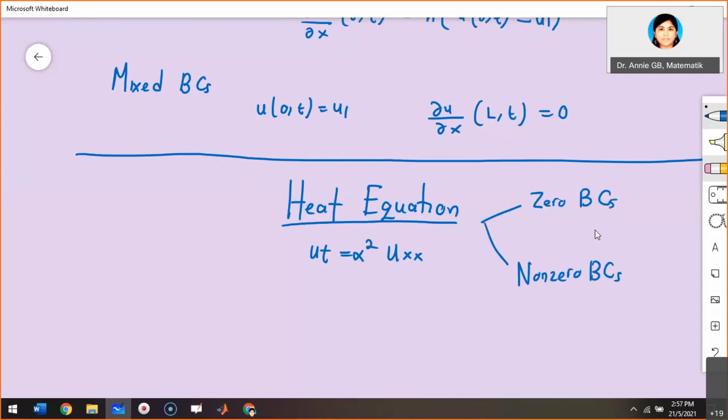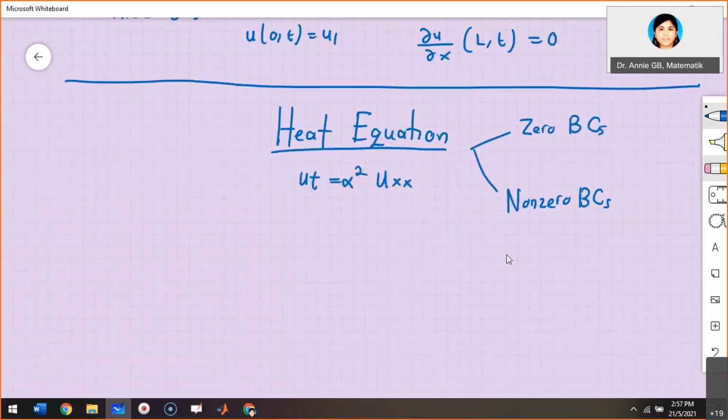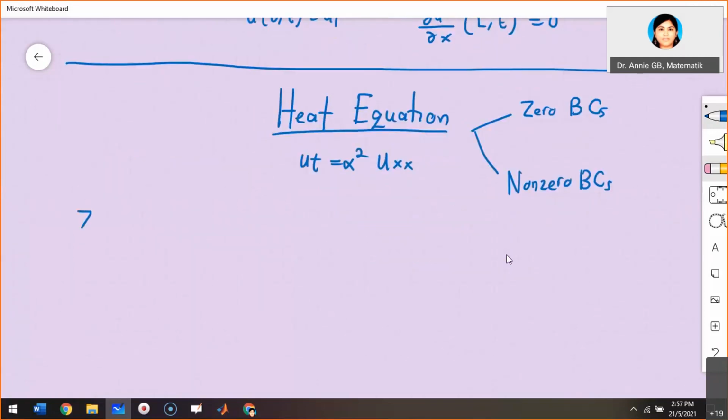Okay, saya cuba bagi example for kita tengok side by side. What do you call by zero boundary condition and non-zero boundary condition.